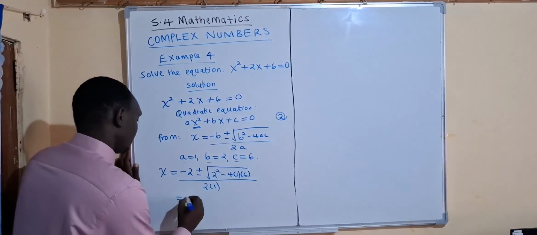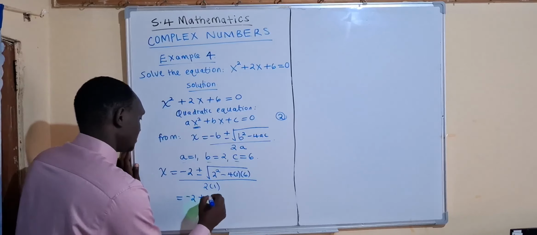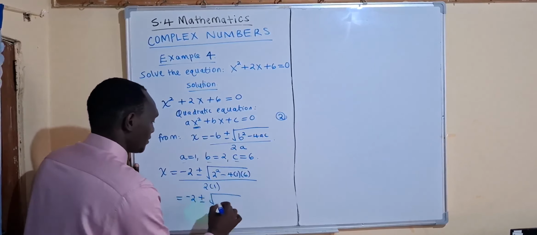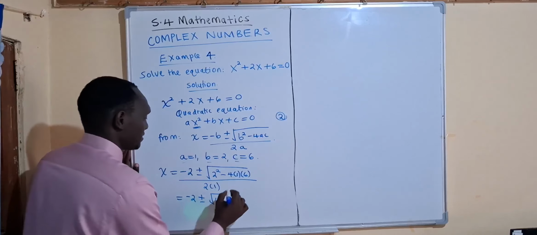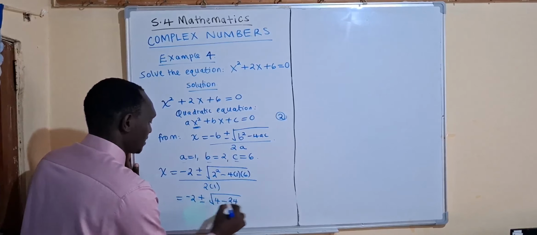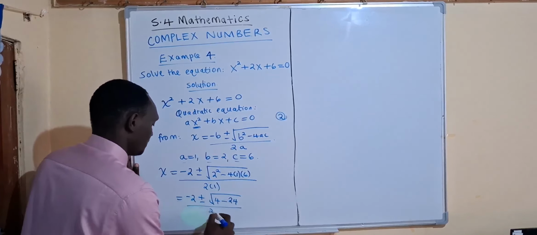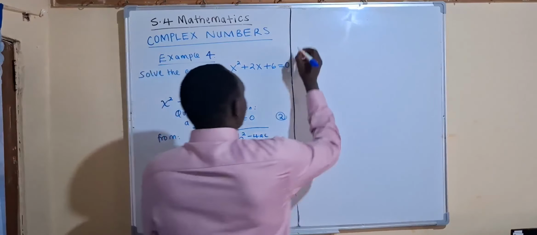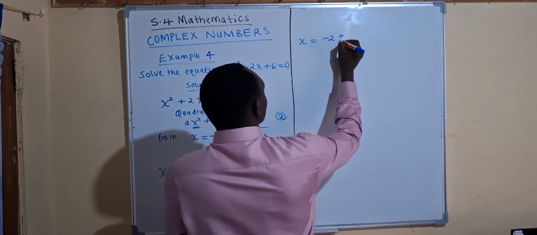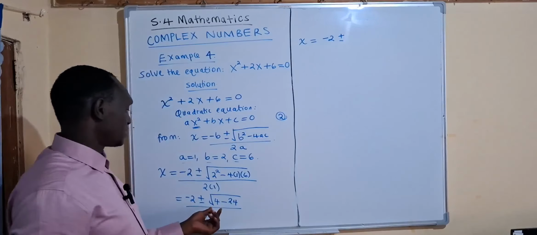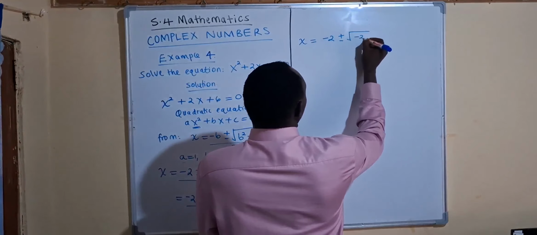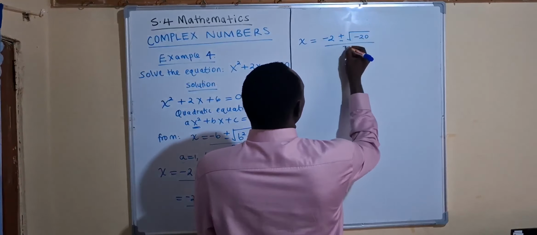That means we shall have negative 2 plus or minus, let's simplify the numbers under the square root. 2 squared is 4, minus 4 times 1 times 6 is 24, all over 2. This implies that x will be equal to negative 2 plus or minus the root of, what is 4 minus 24? 4 minus 24 is negative 20, all over 2.